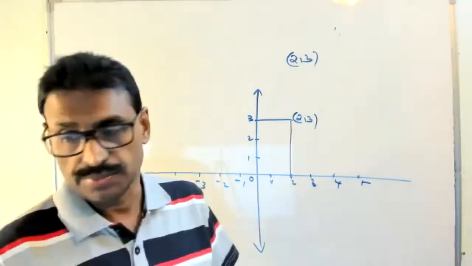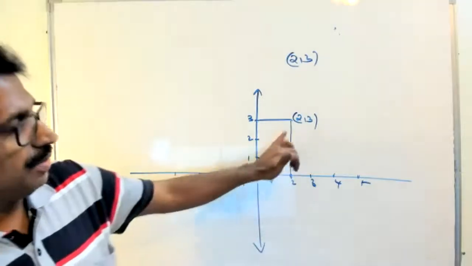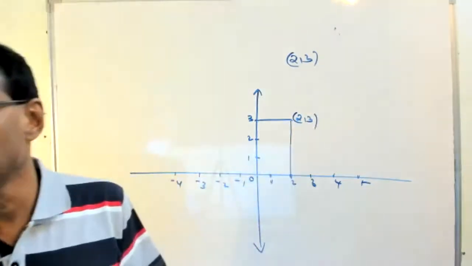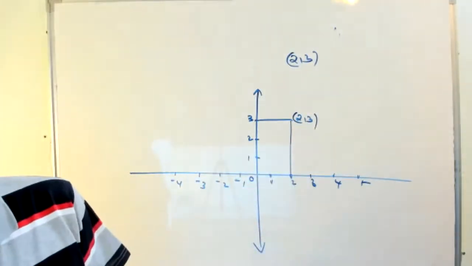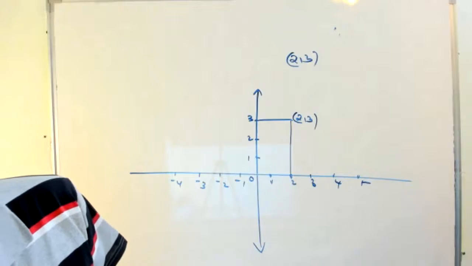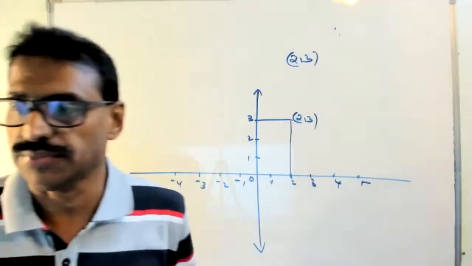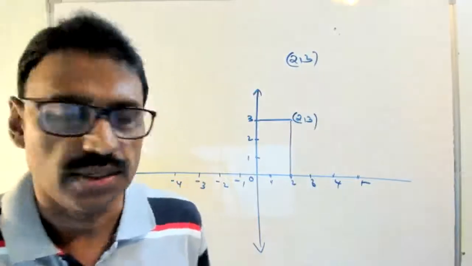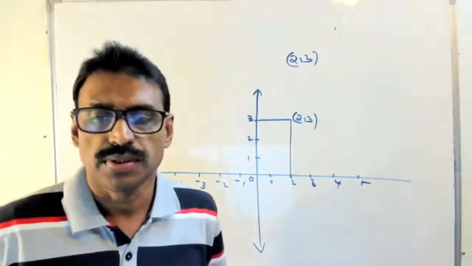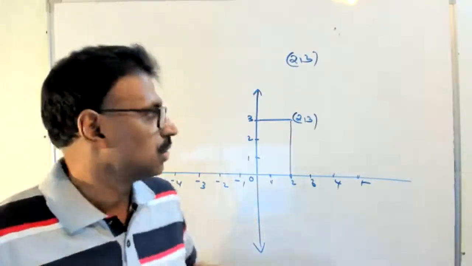Okay, look. Now I have to find the mirror image of 2, 3 with respect to the x-axis and y-axis. Listen, very important thing. This is our x-axis: x dash, O, x, and y dash, y.